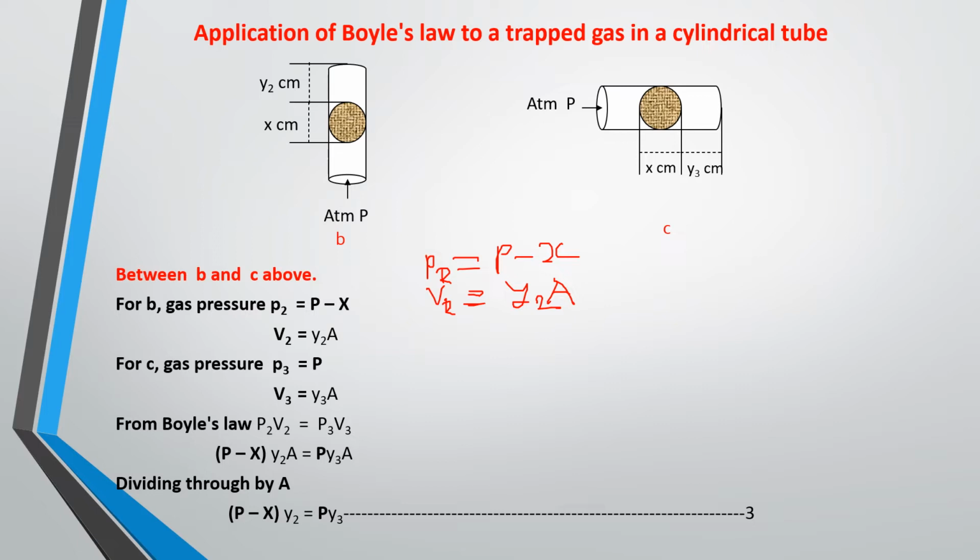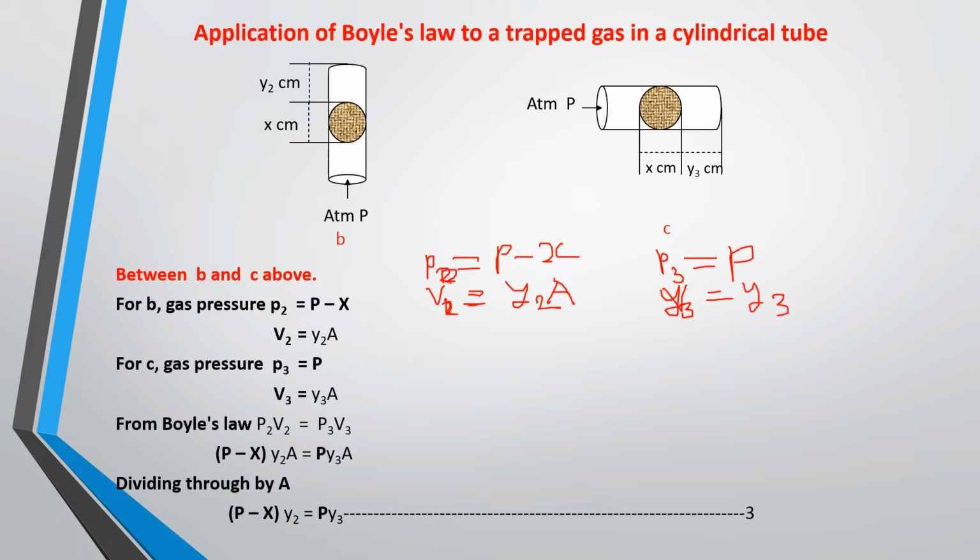So in this particular instance, this will be the initial pressure P2 and initial volume V2. Then when the tube is held horizontal, that's what we just discussed, the pressure on the gas, which is P3, is equal to P, and the volume V3 is equal to Y3.